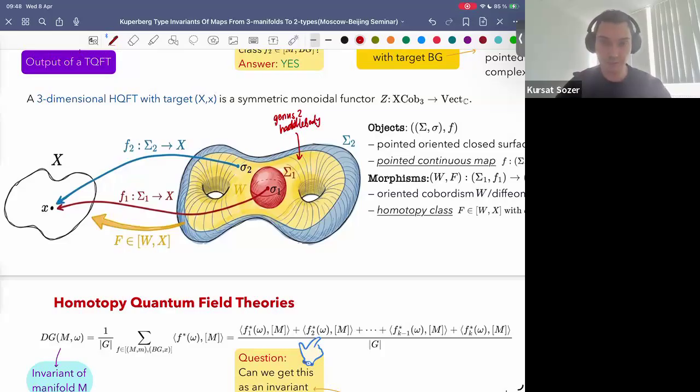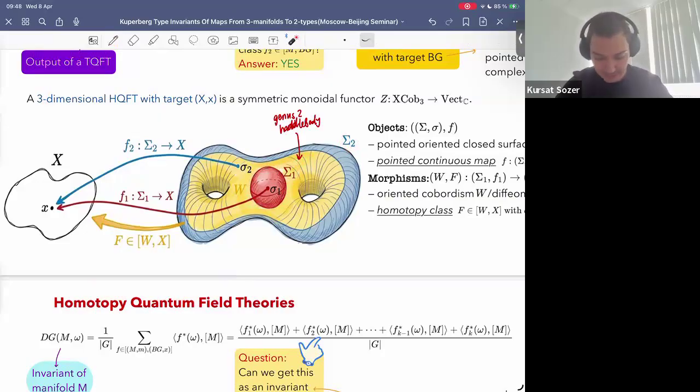It's a compact three-dimensional oriented manifold, and we remove a 3-disk inside. When you remove it, its boundary is going to be this S2, sigma 1, disjoint union with sigma 2. So this is a three-dimensional oriented cobordism from a sphere to a genus 2 surface.